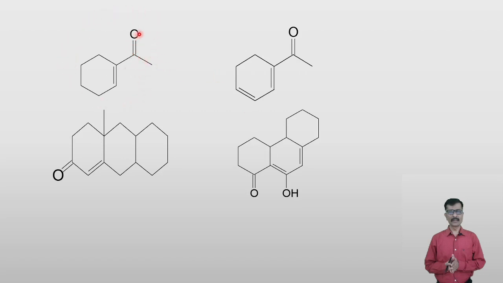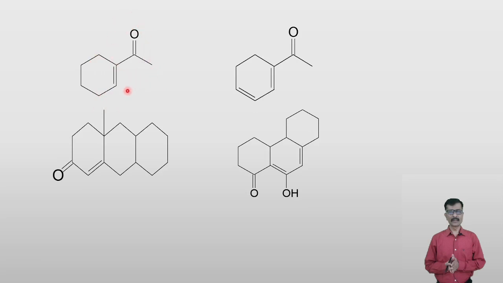This C double bond O, this is a CH3, and from this carbonyl carbon, this is alpha, this is beta. So it is an alpha beta unsaturated ketone. Here it's an enone system, and the corresponding parent value needs to be taken for this enone system.